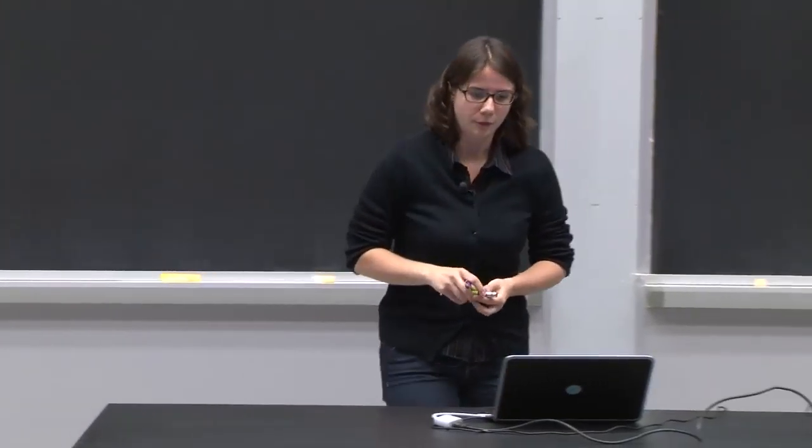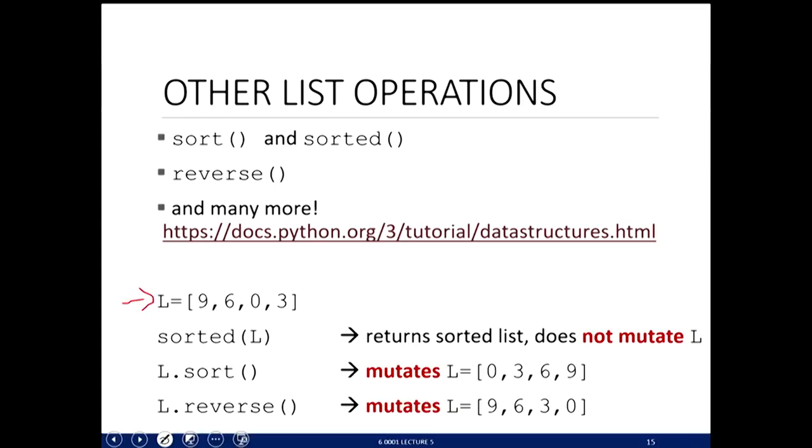Okay. So if I have this list L equal to [9, 6, 0, 3], sorted(L) gives you back the sorted version of L, so it returns a new list that's the sorted version of the input list, and does not mutate L, so it keeps L the exact same way.